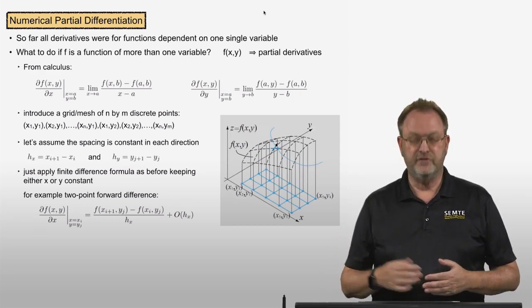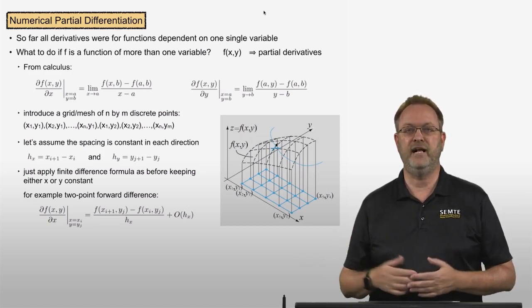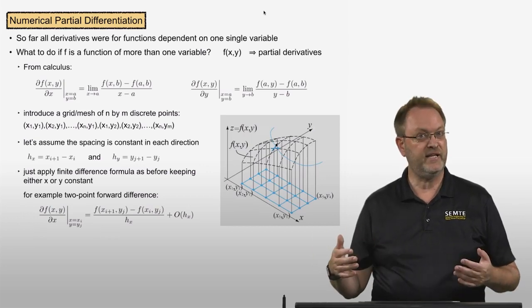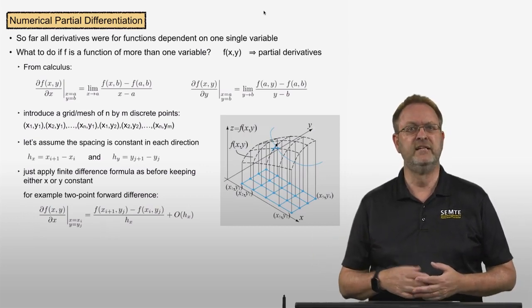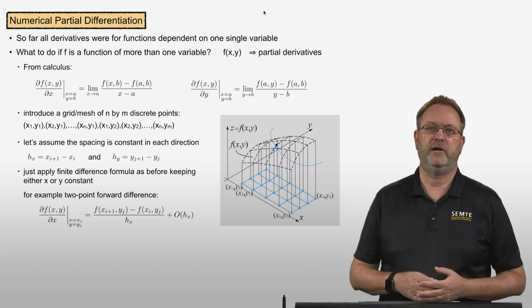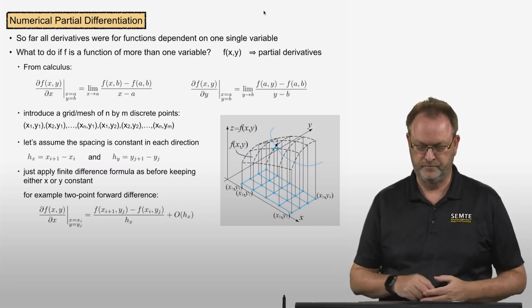So we take the difference of f at x_{i+1}, y_j minus the function value at x_i, y_j divided by the spacing in the x direction, which is h_x. And we know that this forward difference is a first order approximation, so the order is order h_x.